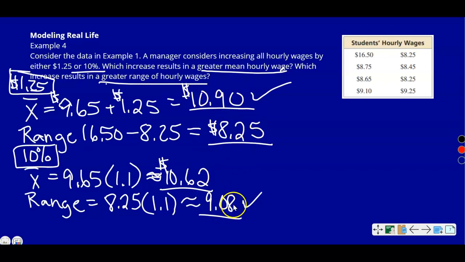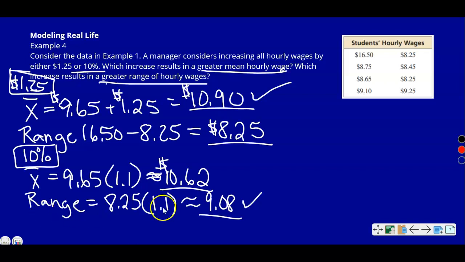The range means that there's a bigger difference between the lowest paid person and the highest paid person. So I don't know that you want that range to get bigger when you're talking about salaries. Usually if you've got hardworking employees, you would want the mean, the average salary, to all go up together, just kind of keeping the peace at work.